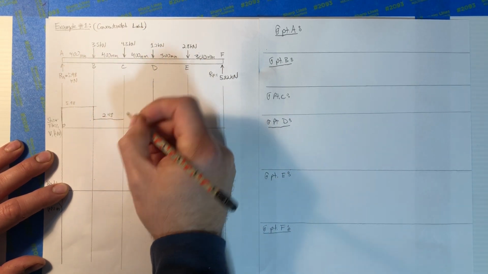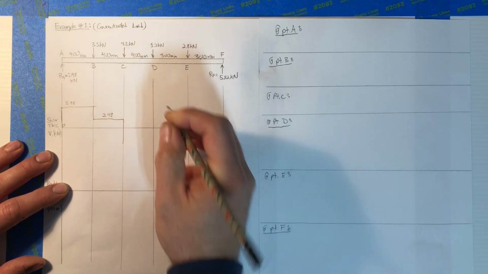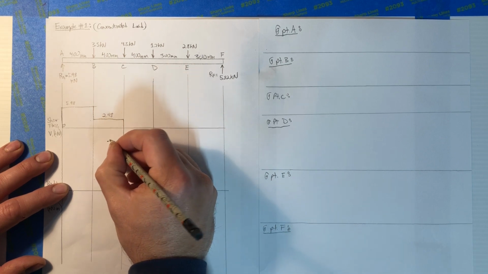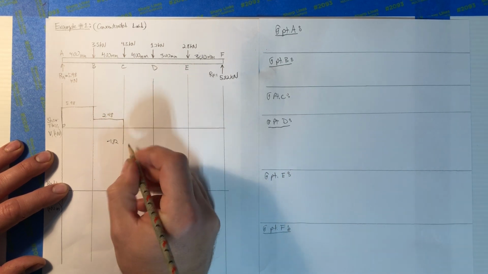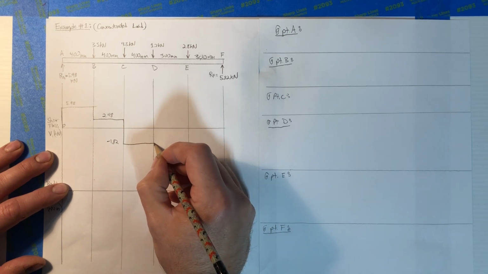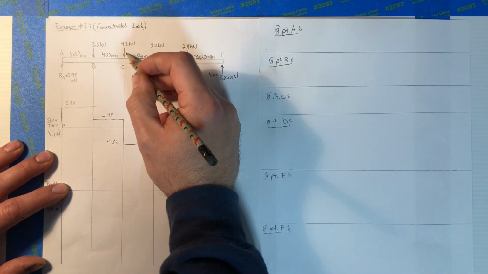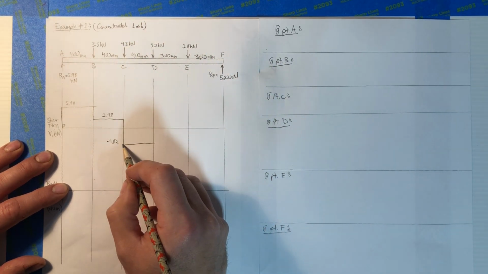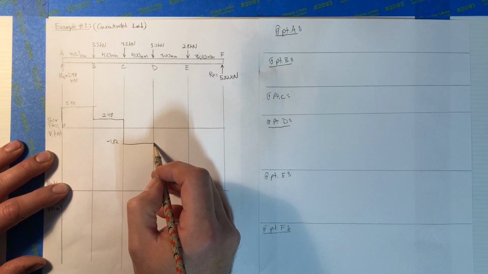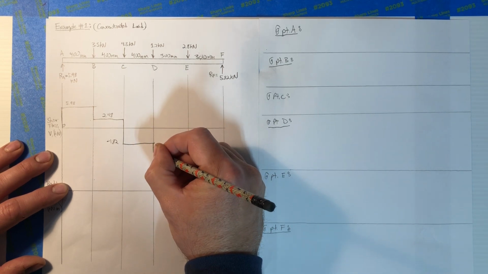At 2.48, I'm going to go down another 4.3 kilonewtons, and that number is minus 1.82. I go straight across again. I'm going to go down again because the arrow goes down. I'm constant across with no load in the middle, and then I go down another 1.2 kilonewtons.